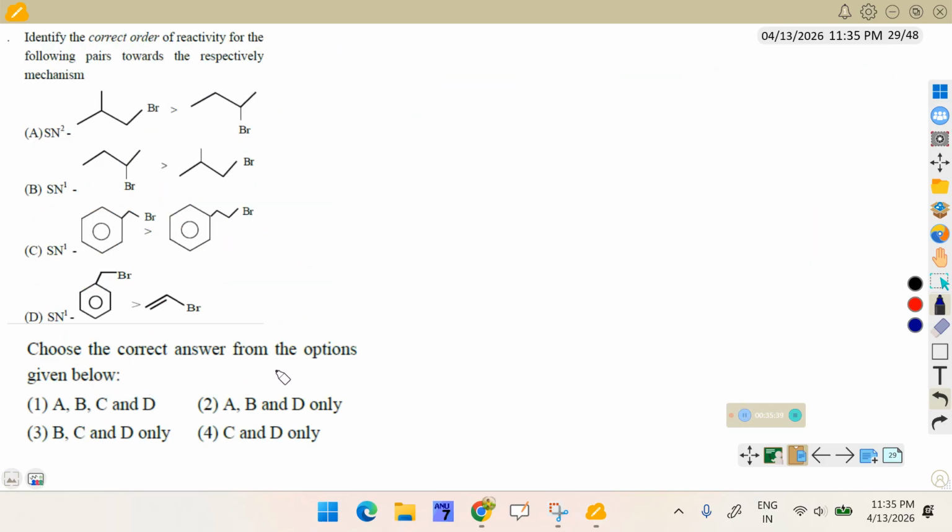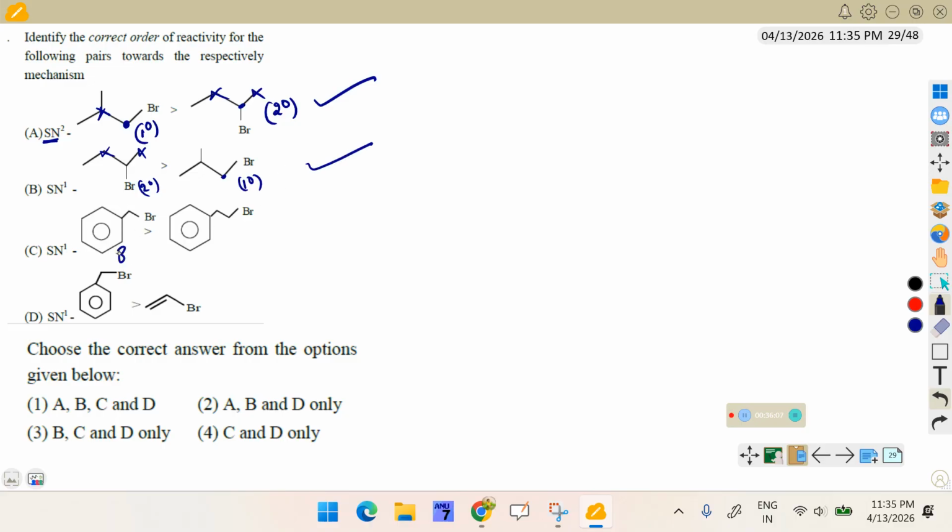Choose the correct answer from the options given below. SN2: the halogen attached carbon is directly attached to only one carbon. This is a 1 degree alkyl halide, but this is a 2 degree alkyl halide. So 1 degree greater than 2 degree, correct. SN1: this is 2 degree and this is 1 degree, correct.